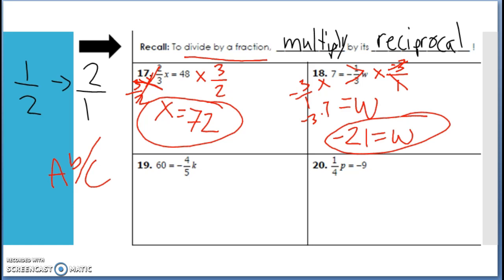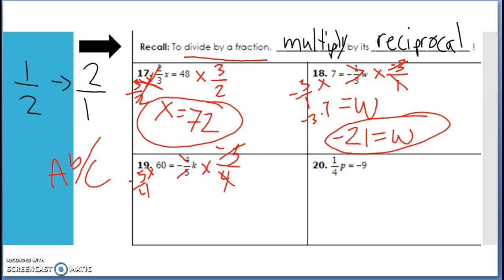19. 60 equals negative 4/5 k. So 4/5 is being multiplied by k, so you guessed it, divide, which really means multiply by the flip. So again, we have a negative, so you can put it at the top or bottom, it does not matter, but we have to flip the numbers. So 5/4. So we're multiplying both sides by negative 5/4.